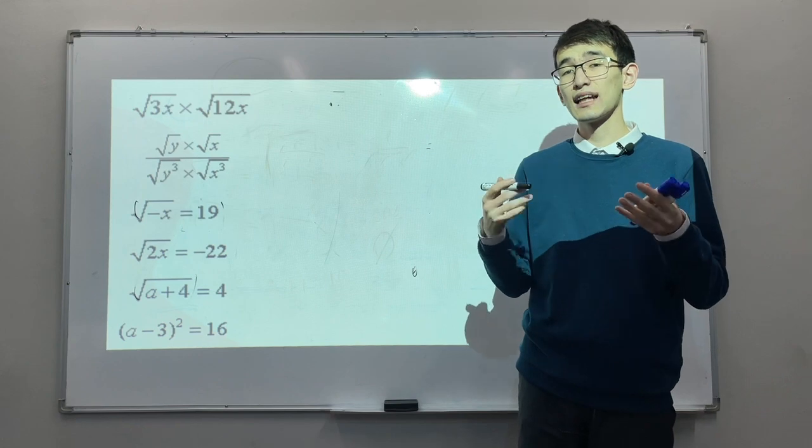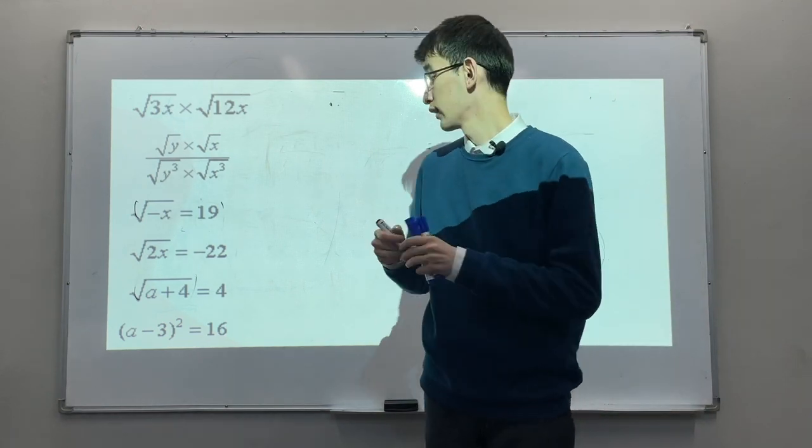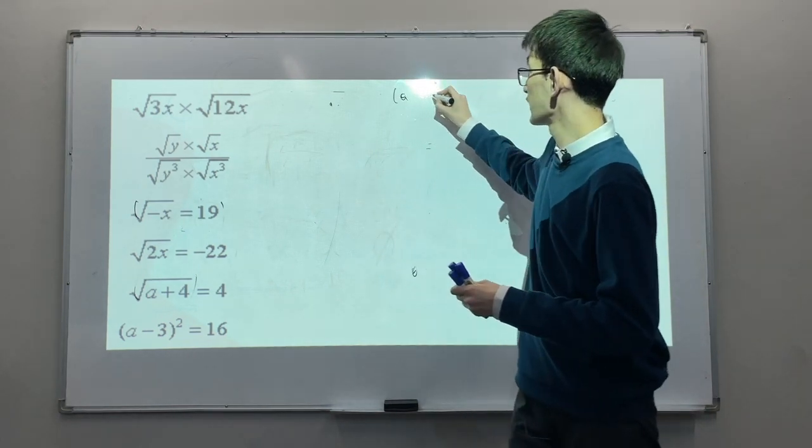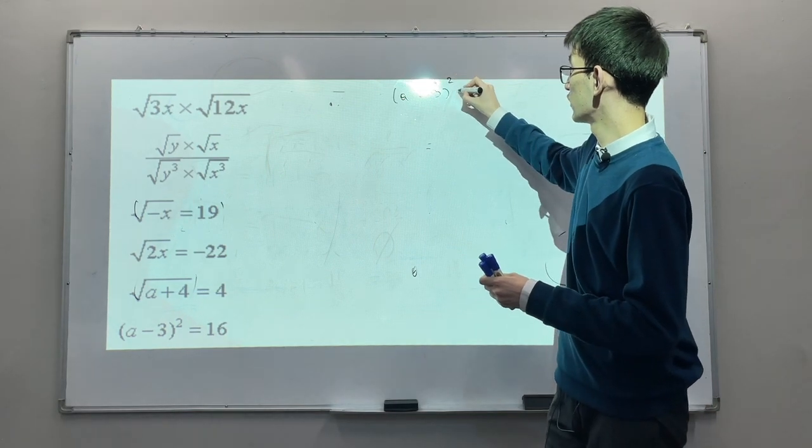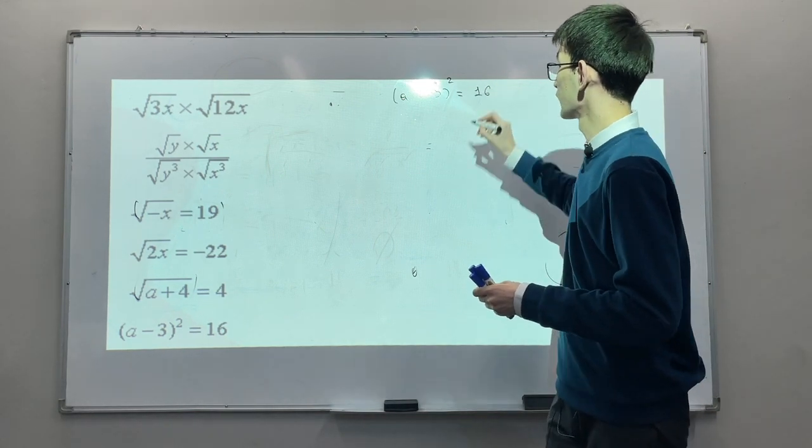The last example of our topic: a minus 3 squared is equal to 16.